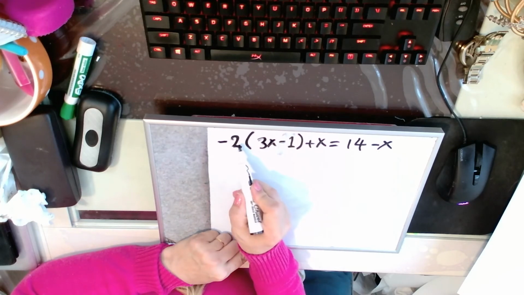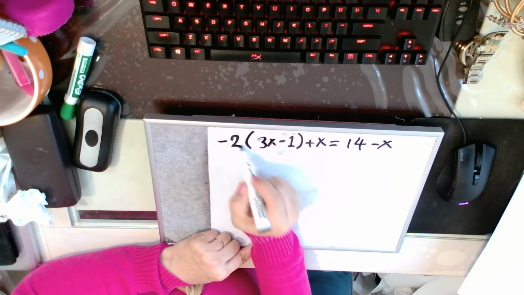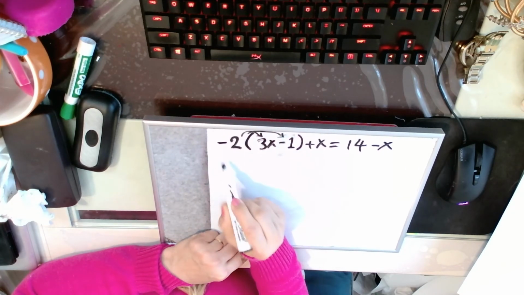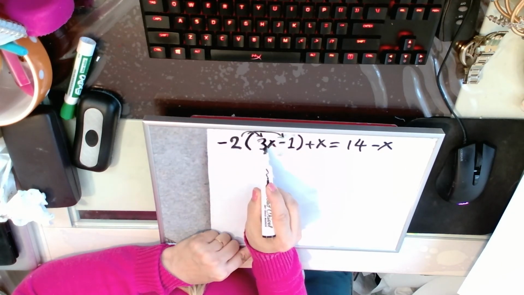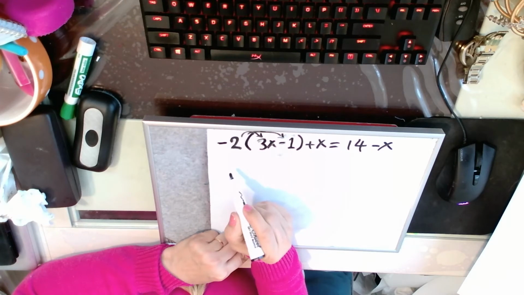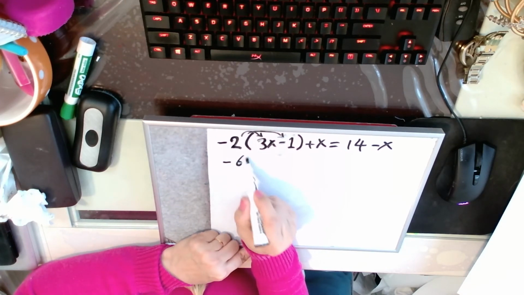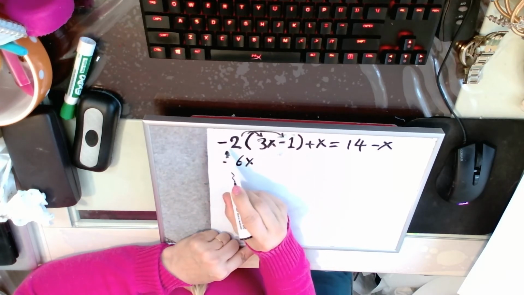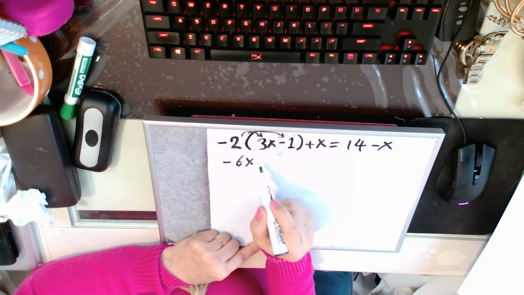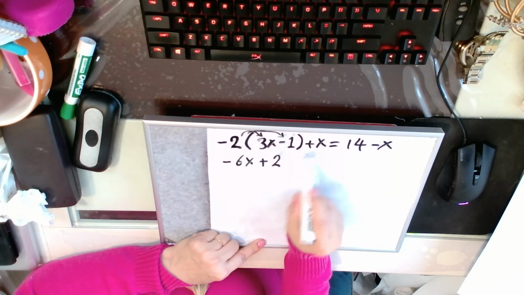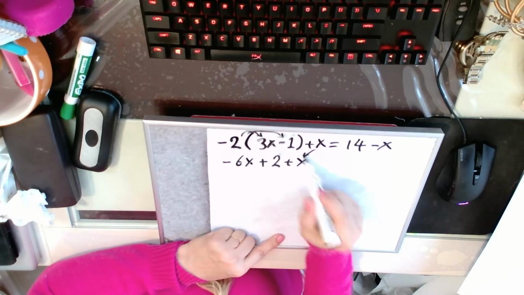When you see the multiplication here, 2, you're going to distribute 2 to both terms. So minus 2 times 3x, it's going to be minus 6x. Minus 2, minus times minus, it's going to be plus. 2 times 1 is 2. And then this goes down. We're not going to do anything with it.